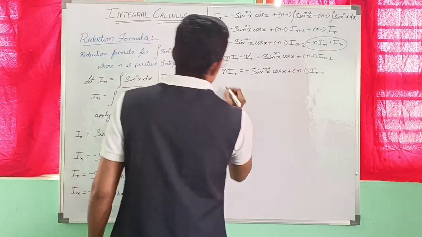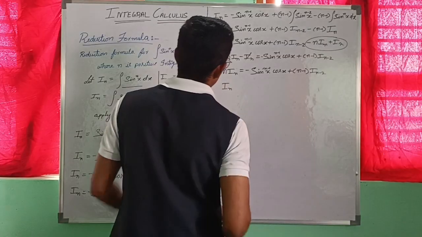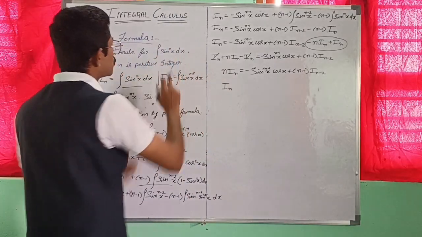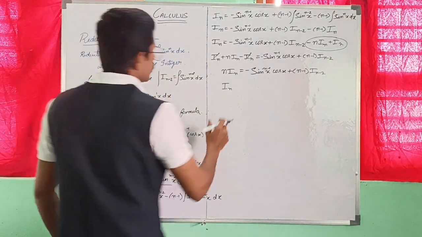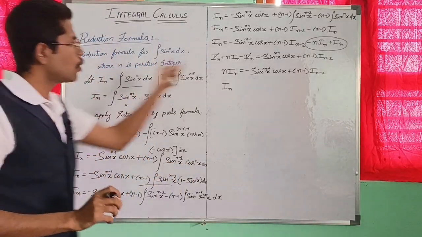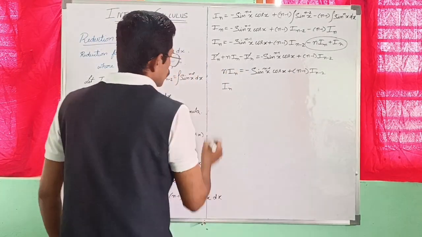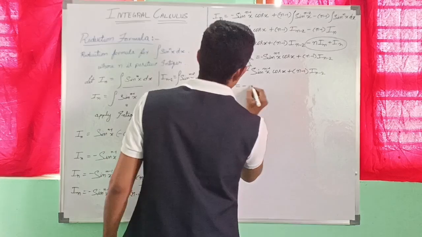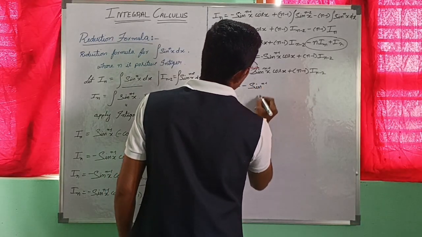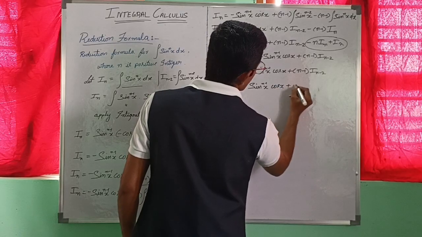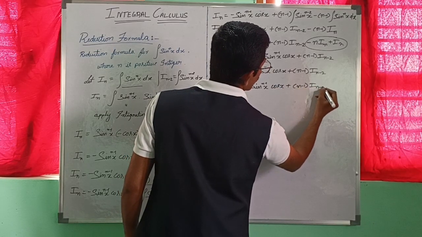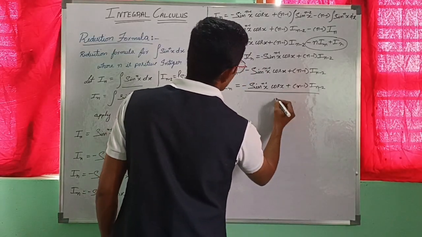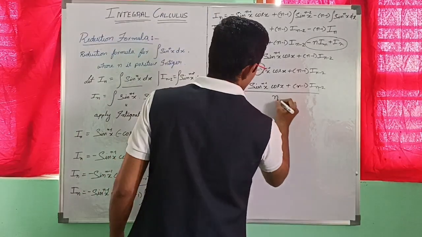We have to get only In, so the n will move to the denominator.